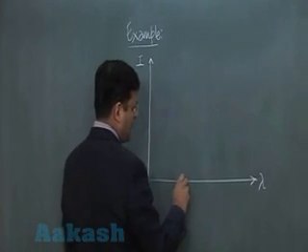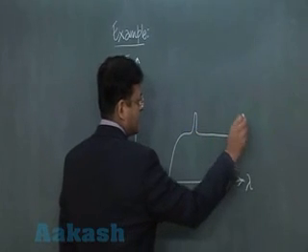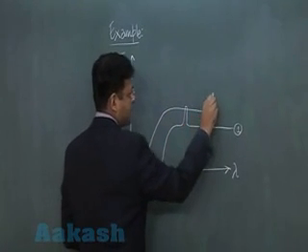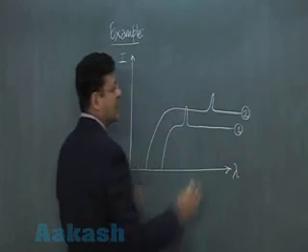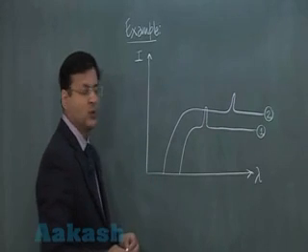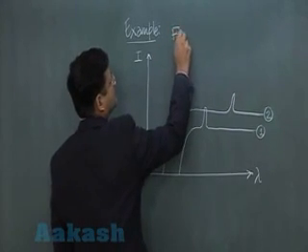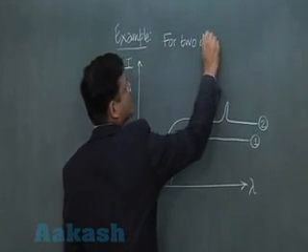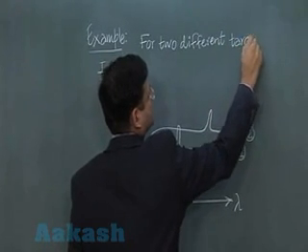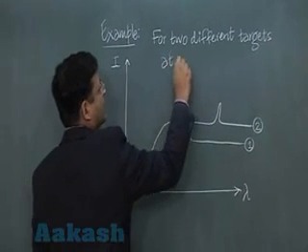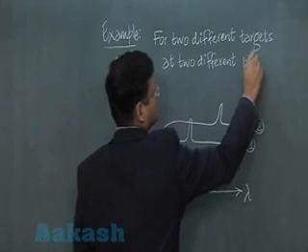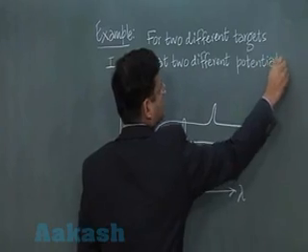Let's suppose this is a kind of rough sketch which has been given to you for two different targets at two different potentials. What is the meaning of this?